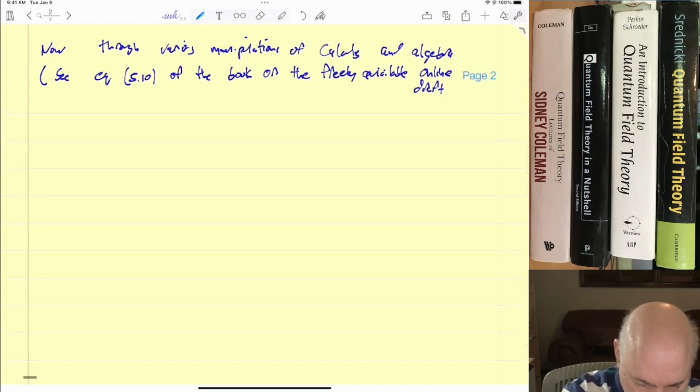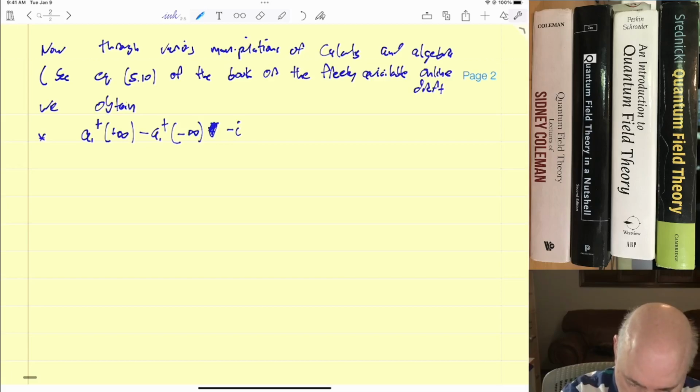We obtained the following equation. Put an asterisk next to this one. It's a very important equation. Okay.